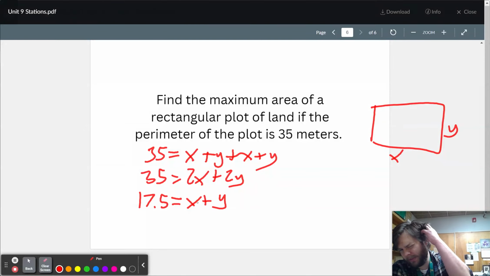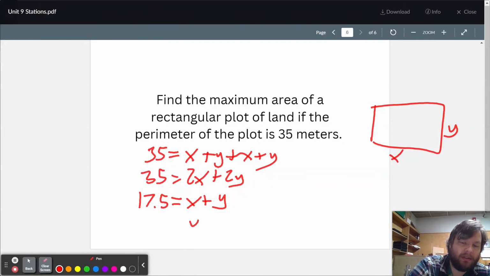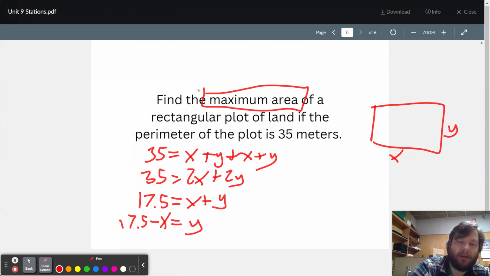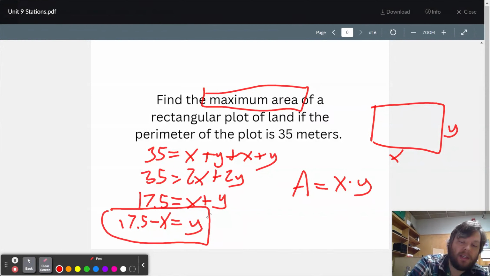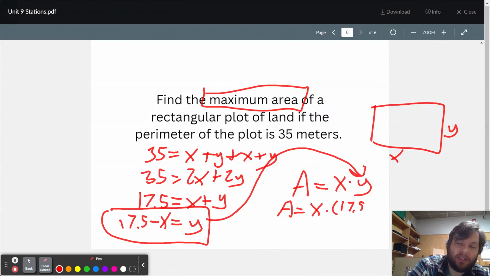So 35 divided by 2 is 17 and a half, which is the same as saying that the y value is equal to 17.5 minus the x. And what I actually care about is maximum area. Area of a rectangle is x times y. Just like in the cylinder one, substitute that right there. So area is x times 17.5 minus x. You graph that and you find the maximum.